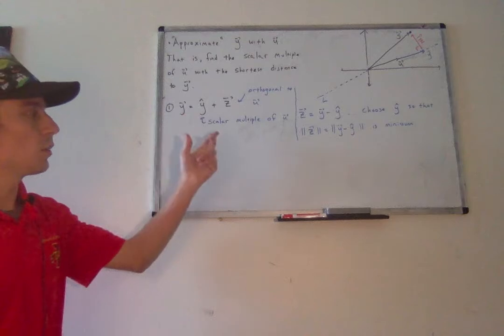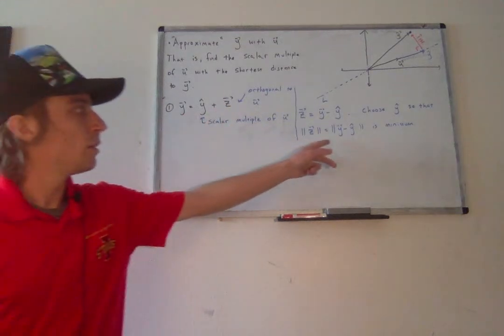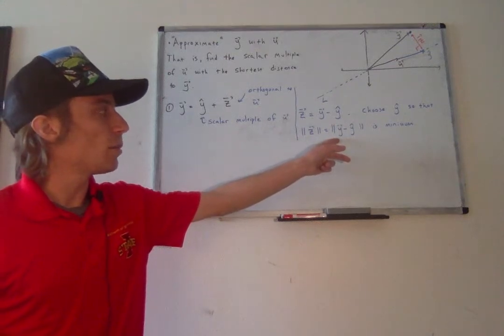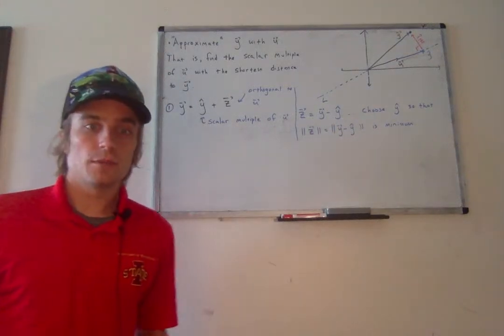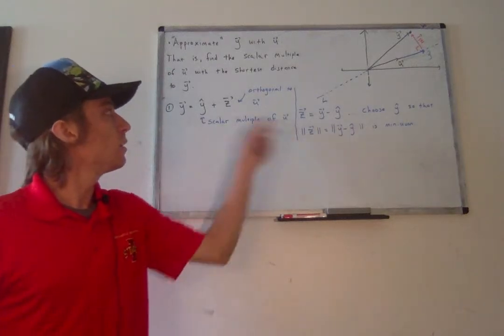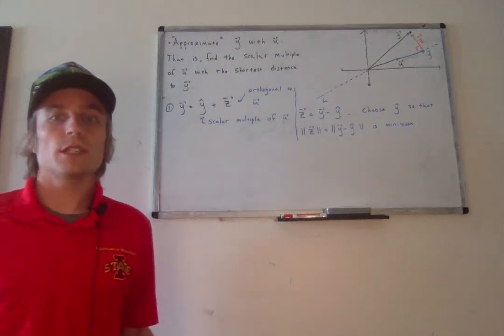The reason is that if this vector is orthogonal to u, then the length of z, which is also the length of y minus y hat, is minimized. So our goal here is to find the vector y hat, which is a scalar multiple of u, such that this is minimized.